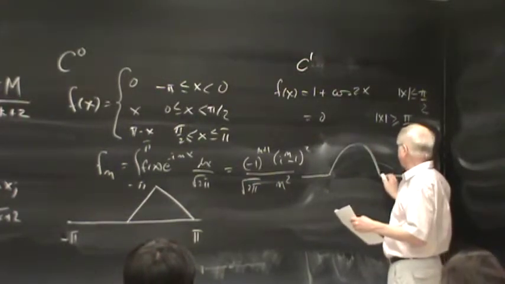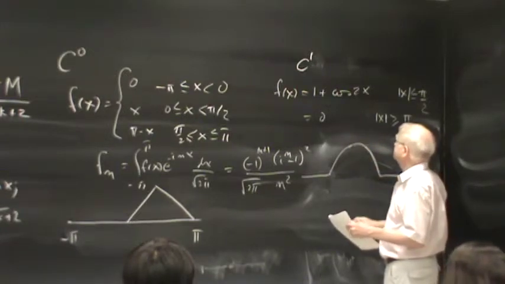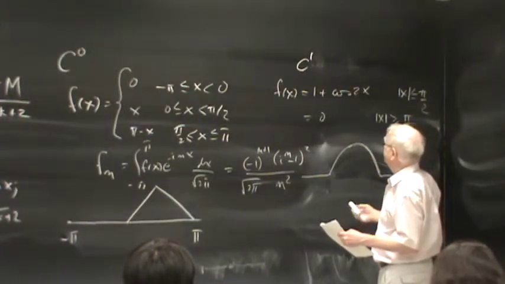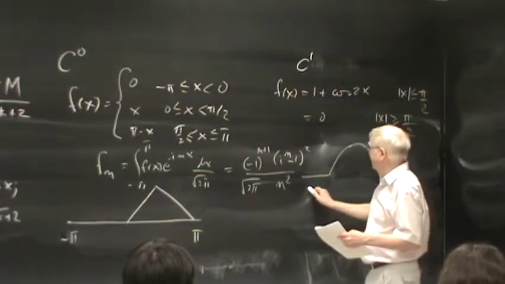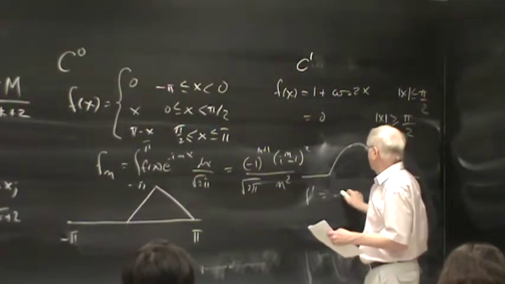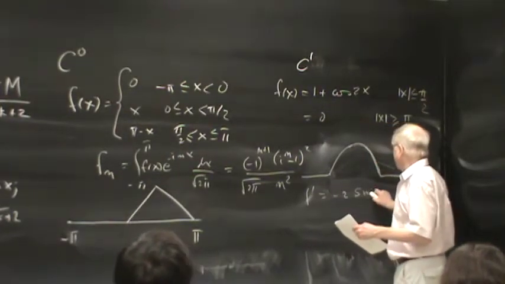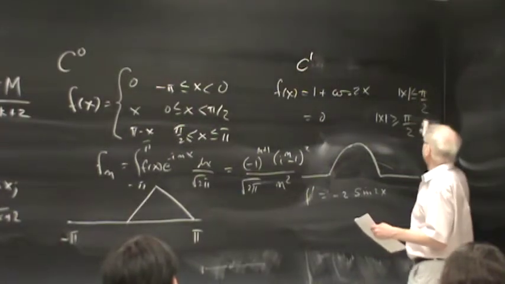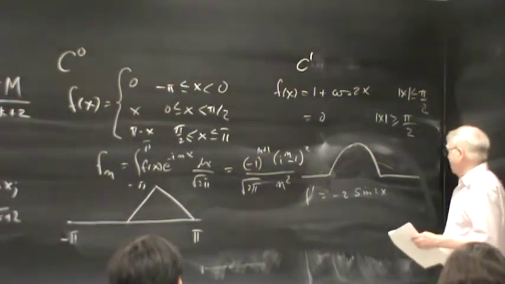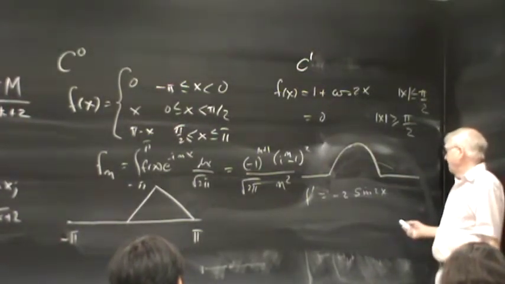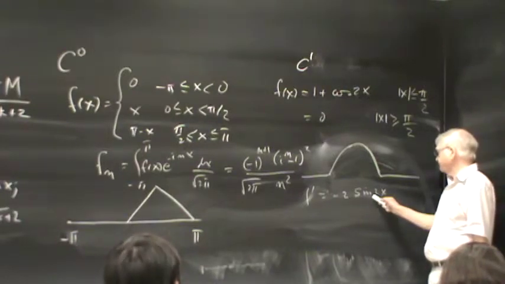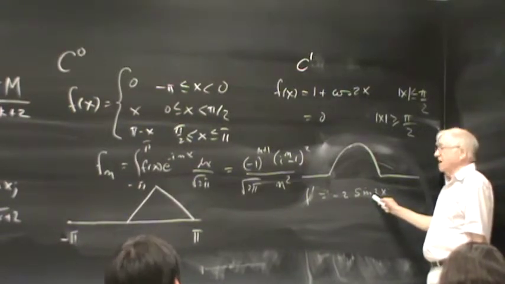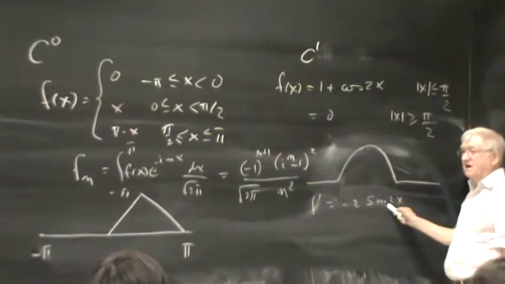On the other hand, so this is the function. If you compute its derivative, f prime is minus 2 sine 2x. And once again, at plus or minus pi over 2, sine of pi is 0.